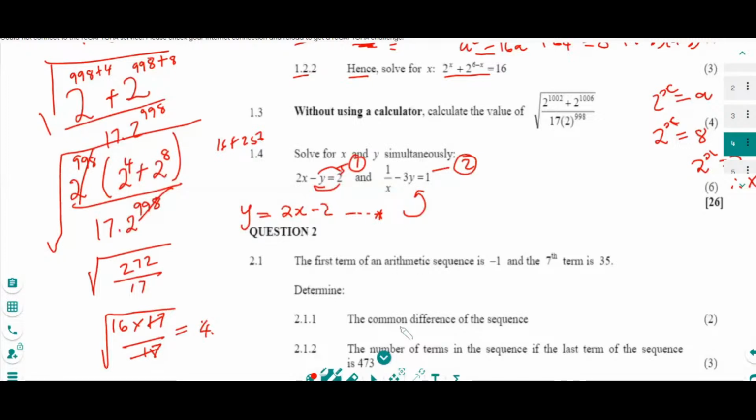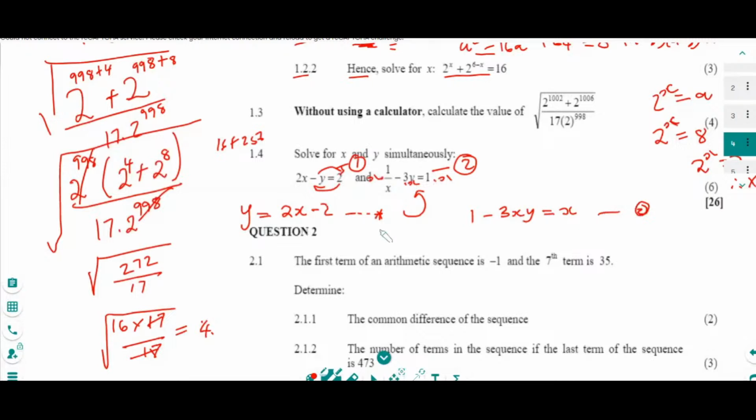Then from equation 2, I can eliminate this denominator. I'll multiply through by x, which means my equation 2 can be 1 minus 3xy is equal to x. This is my other format of equation 2.